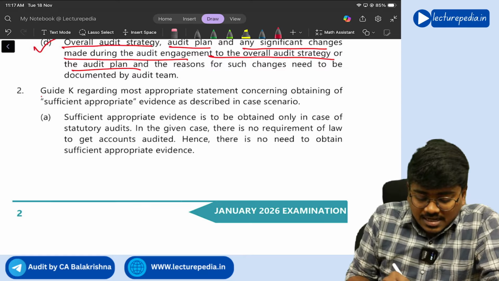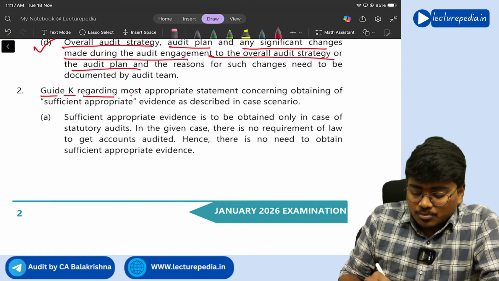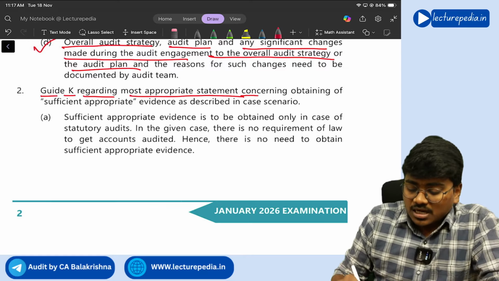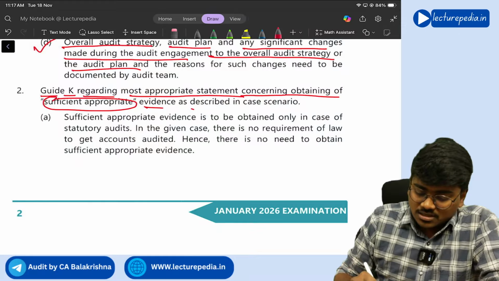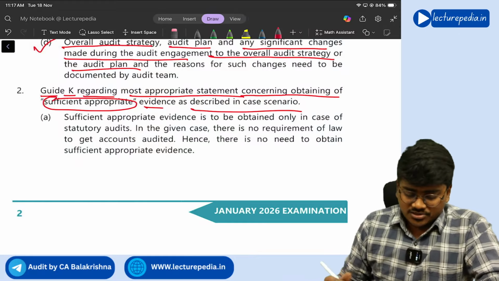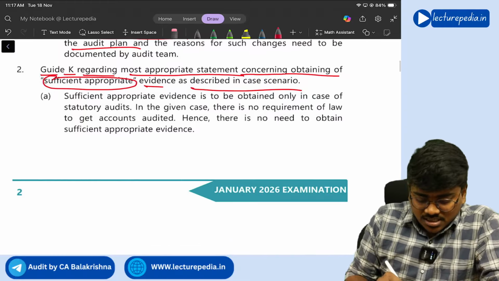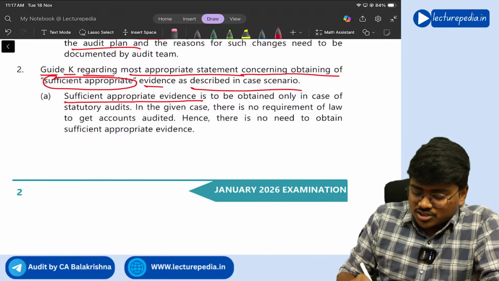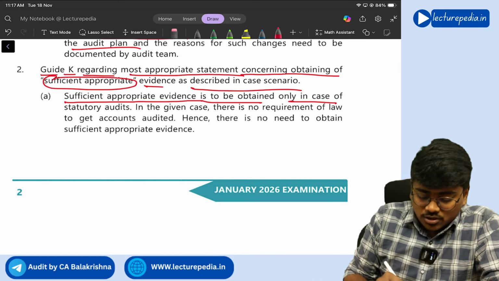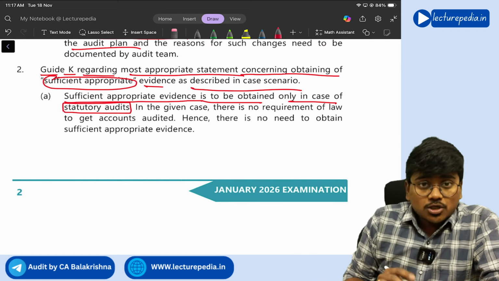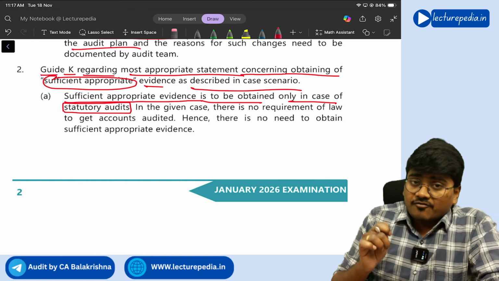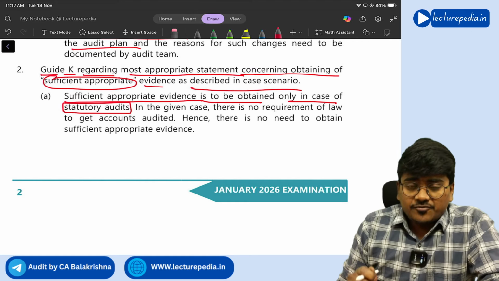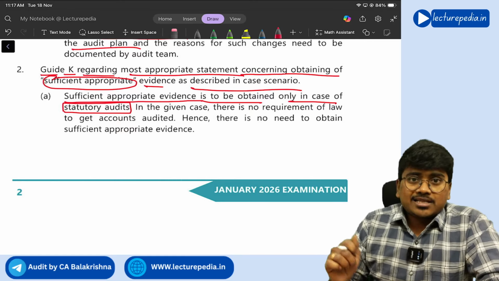Next, guide K regarding most appropriate statement considering obtaining of sufficient appropriate evidence as described in the case scenario. Let us see the options. Sufficient appropriate evidence is to be obtained only in case of statutory audits. No, you have to obtain sufficient appropriate audit evidence for audits, for reviews, and also for any other assurance engagement.